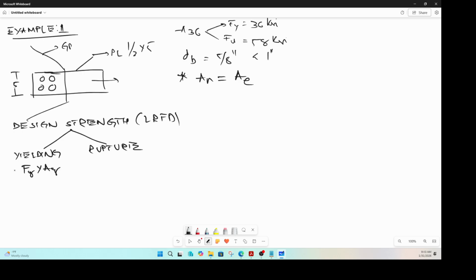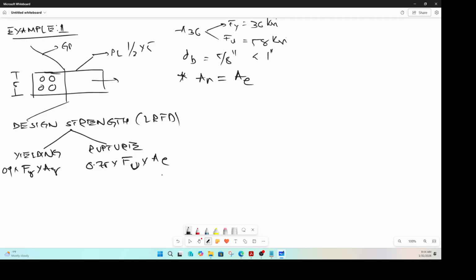Take the gross area, multiply with Fy, and then phi factor of 0.9, right? Rupture, your phi factor is 0.75, happens on the net area. So you need, and it is rupture, so you use Fu and you find out your A net, right?